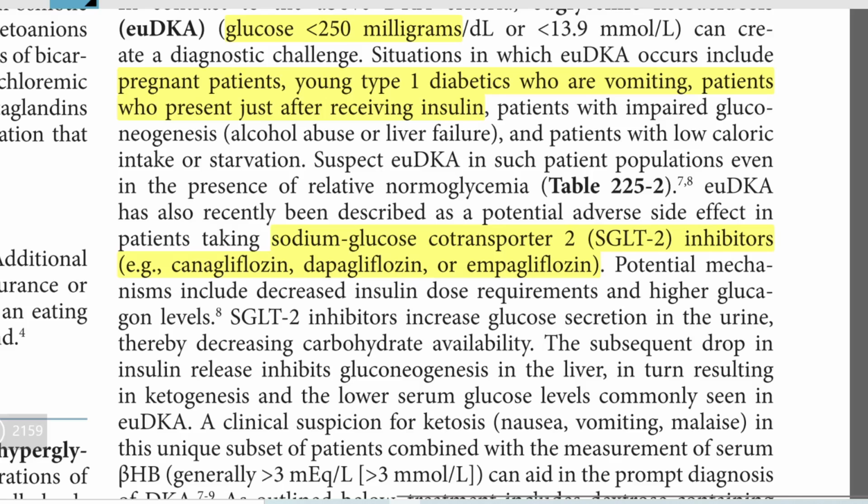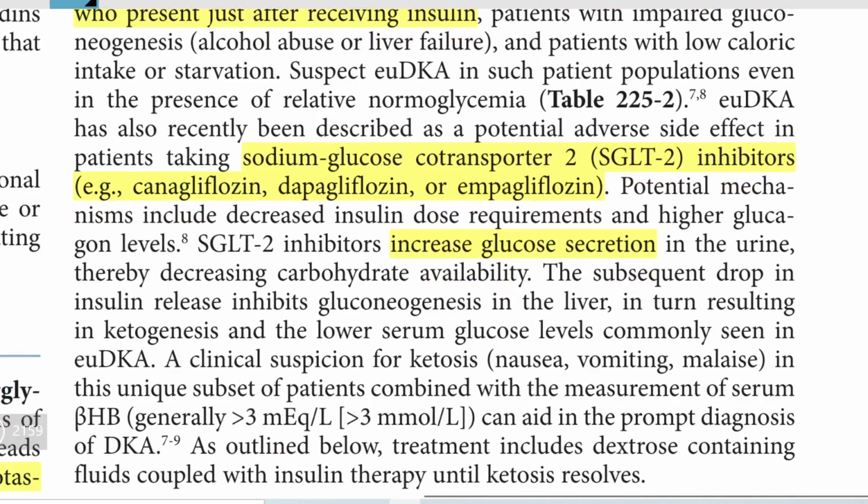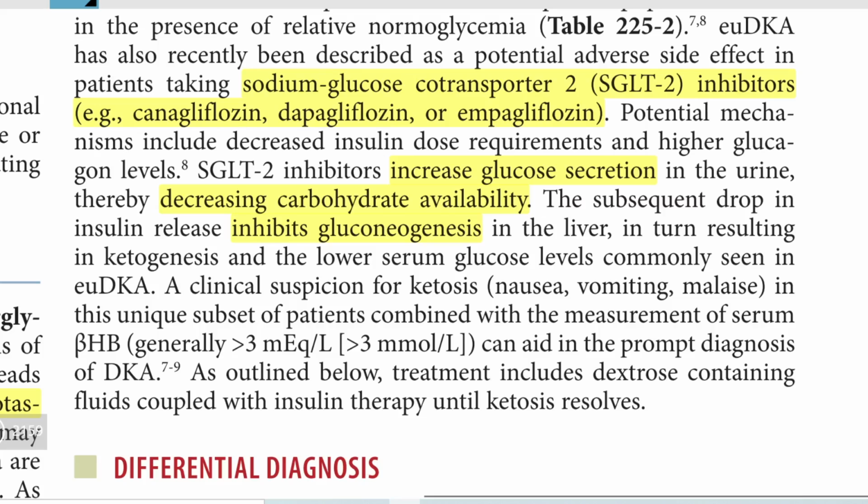The mechanism why the SGLT2 inhibitors cause euglycemic DKA is that there is increased glucose excretion in the urine, thereby decreasing carbohydrate availability. Because of this, there is a subsequent drop in insulin release and it inhibits gluconeogenesis.